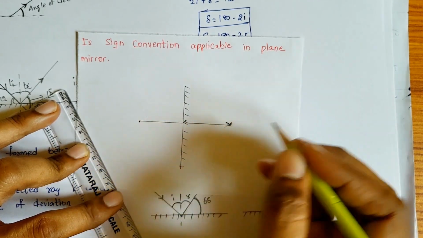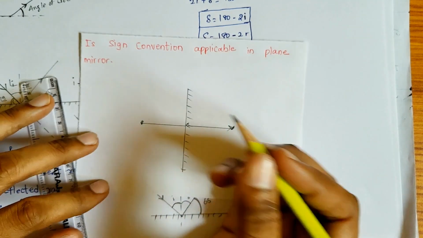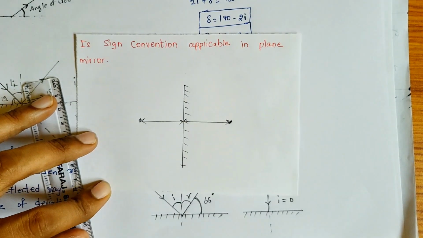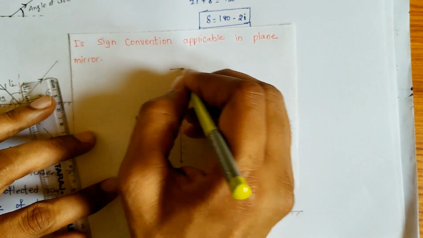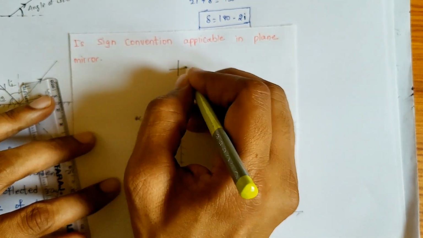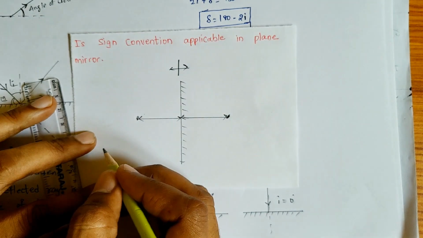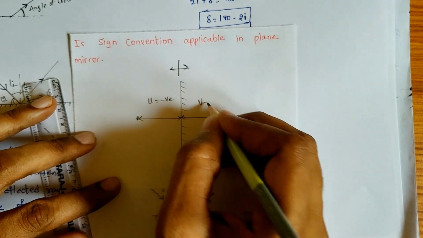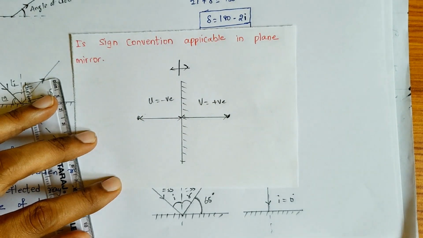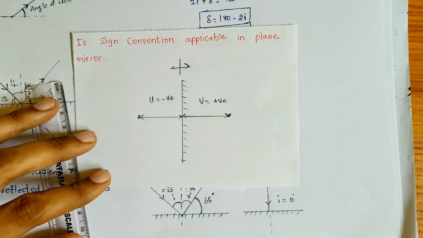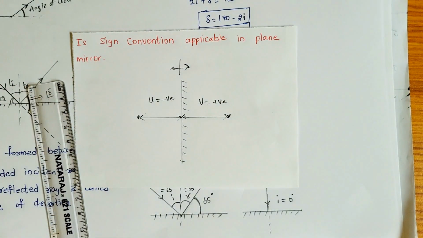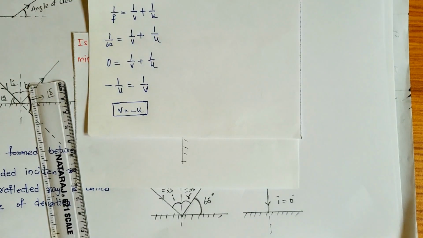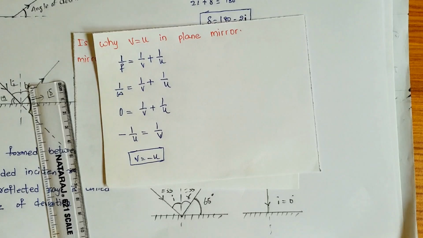Just now we studied object distance, image distance and image formation by a plane mirror. Apply sign convention here. Take Cartesian sign convention. See, the object is placed on the left side, so object distance u will be negative and image distance v will be positive. That's why we get u is equal to minus v here, or v is equal to minus u here.